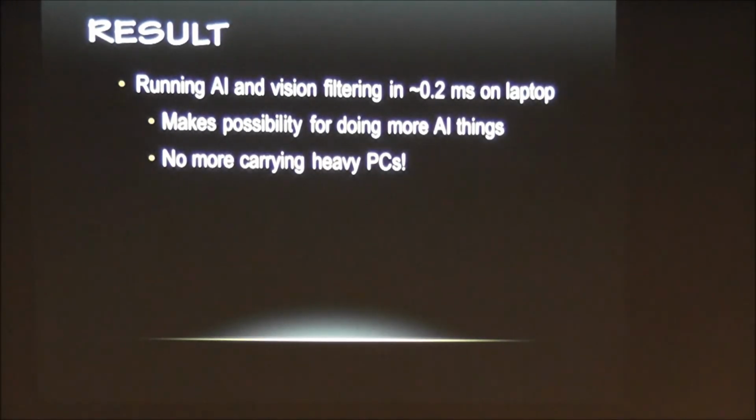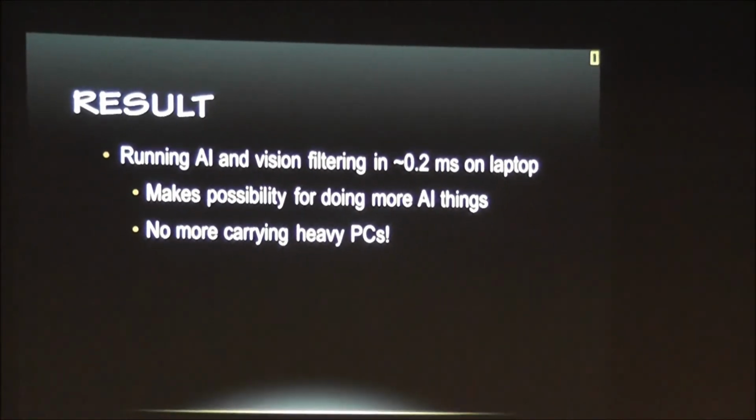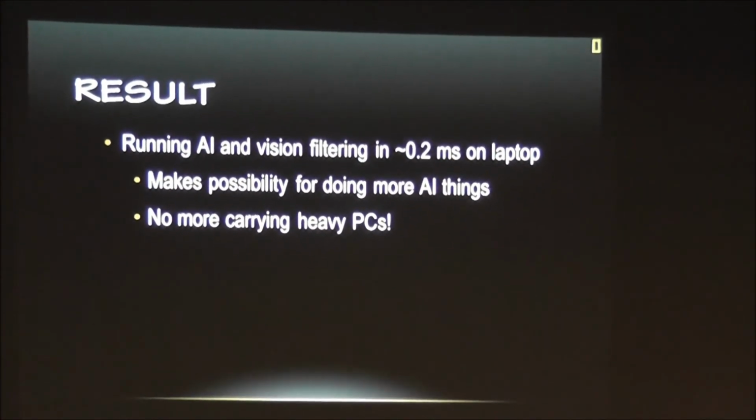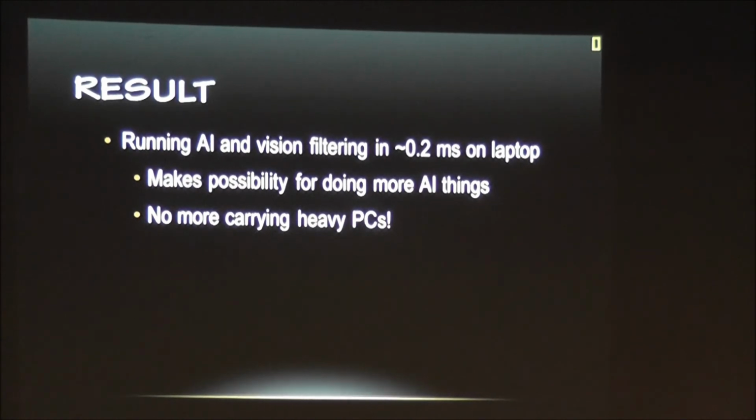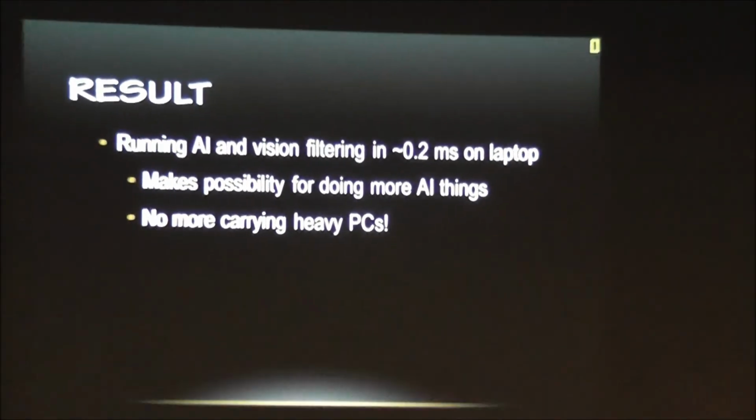As a result, our AI and vision filtering is running at around 2.2 milliseconds on an average laptop. And it really makes it possible to do much more interesting AI things and develop AI.